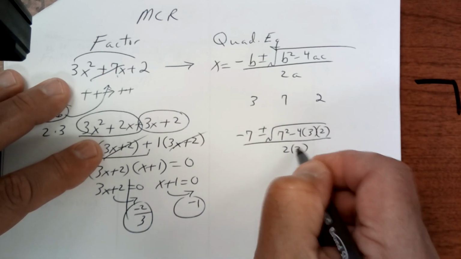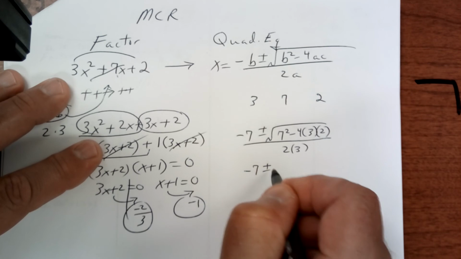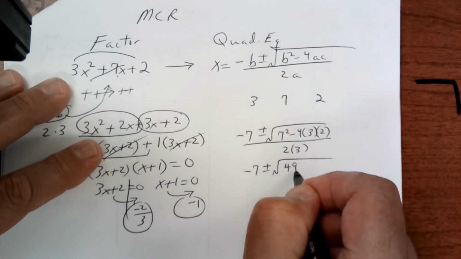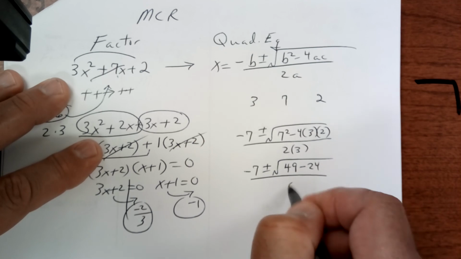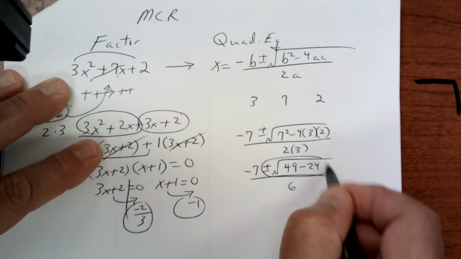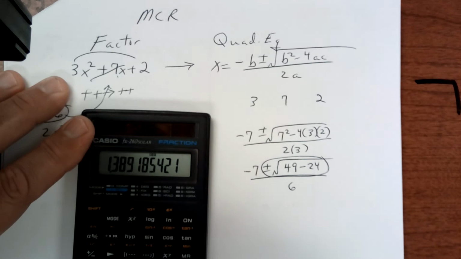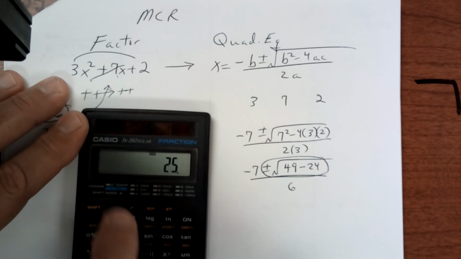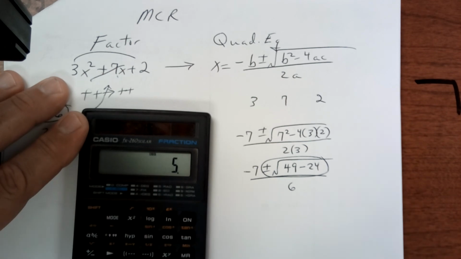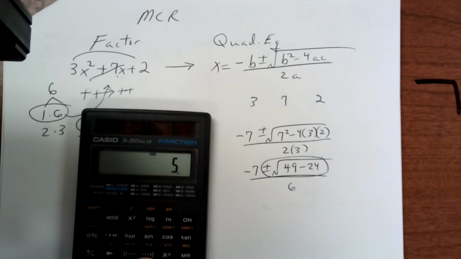So it's going to be negative 7 plus or minus the square root of 49 minus 6 times 4 is 24 divided by 6. Let's simplify this right here. So 49 minus 24, press equals, hit shift, square root. I get 5 on that. Okay? So I'm going to end up with a 5.